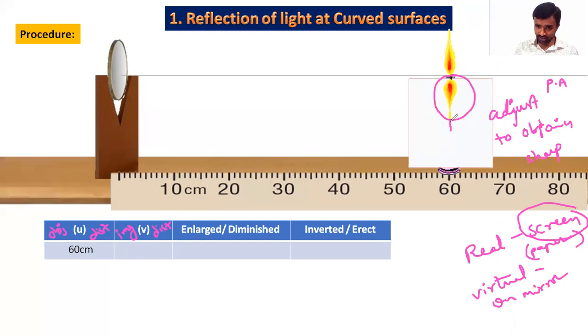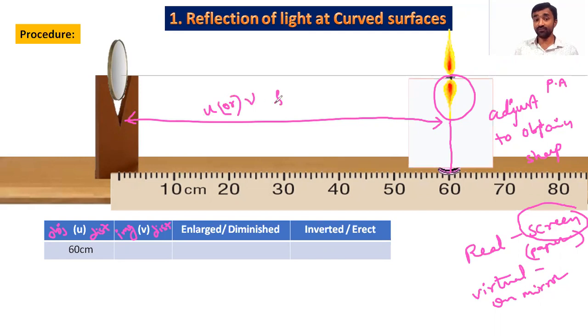So the image distance is 60 centimeters from the mirror, right? So always you measure the object distance or the image distance from the mirror surface only. This is one of the rules. You have to start measuring from the mirror surface, the pole. This is the condition.